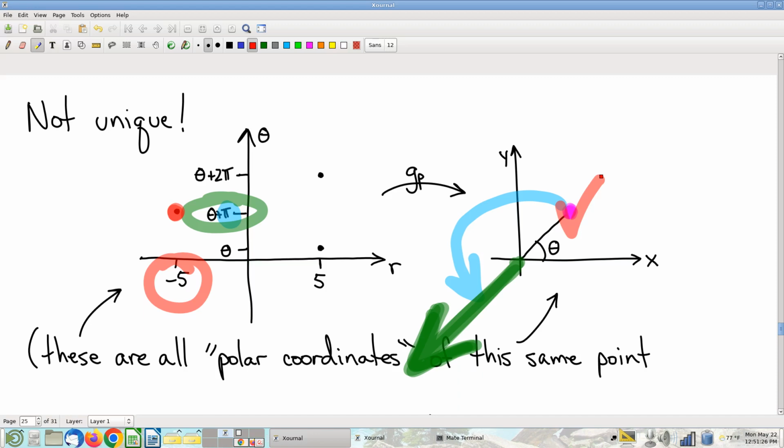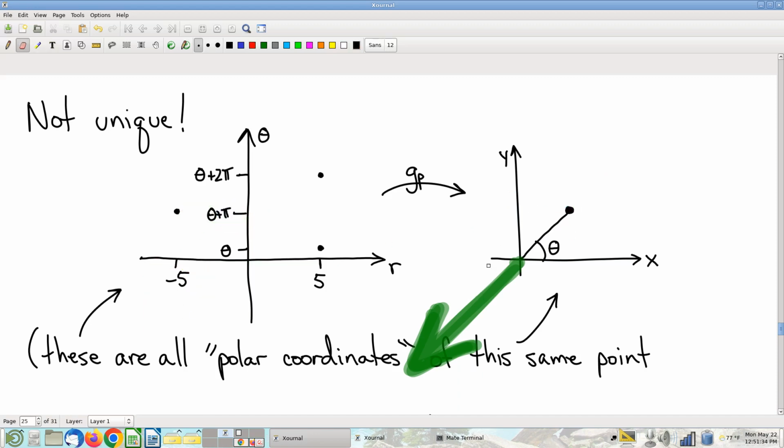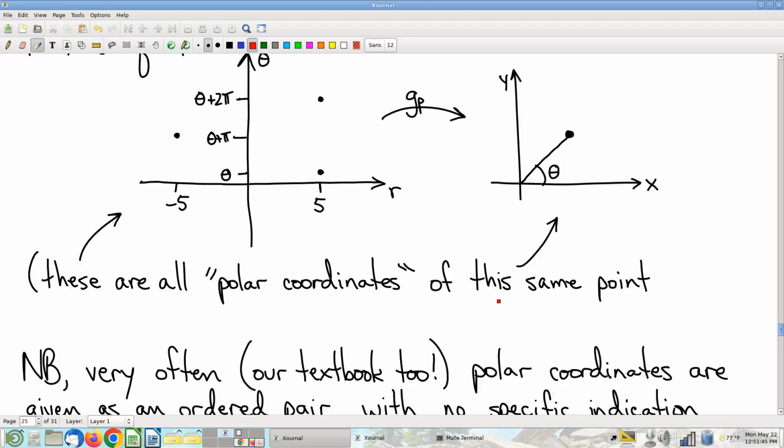So, also fine. Does that make sense to everybody? So, there's some ugly, weird, confusing realities of polar coordinates that they're not unique, and they're not unique in a couple of different ways. So, heads up. Okay. All right.